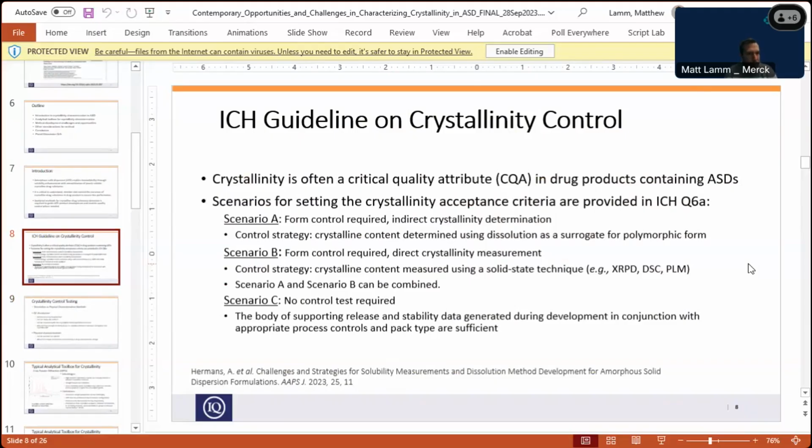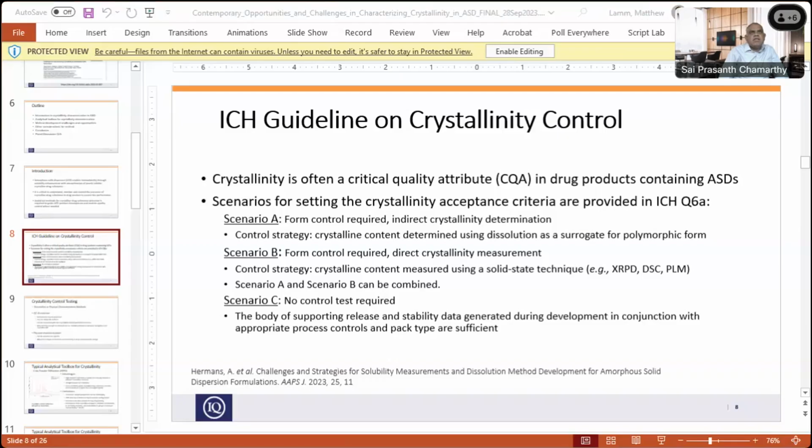Yeah, so scenario C essentially leverages the development data that you would generate and present in your process development and formulation development section. In that section, you would demonstrate that a known amount of crystallinity, above the crystallinity generally seen in your drug product through its shelf life, does not affect the QC method.